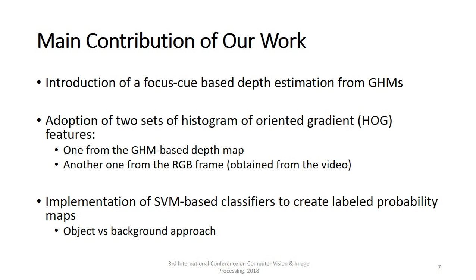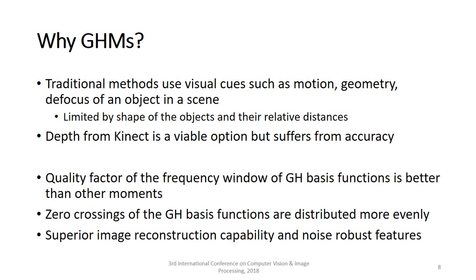Then we have implemented an SVM-based classifier to create a level probability map, and our approach is an object versus background approach. So we will be scoring if a certain point is object or background.